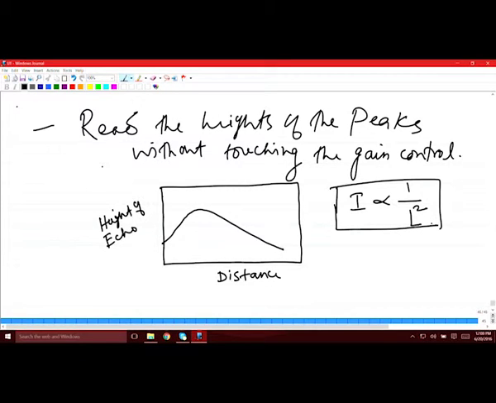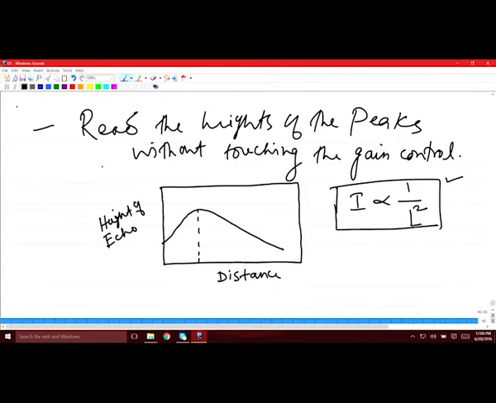But in this case you could see first it is increasing, then going to a peak, and after that only it is decreasing. Okay. So, up to this point it is not really following this particular relationship, only beyond this point it is following that relationship and decreasing. Okay.